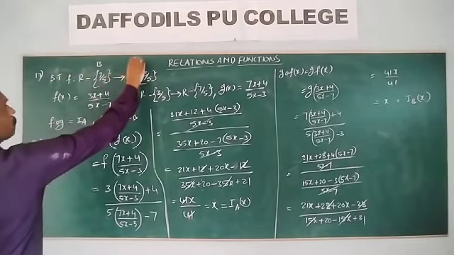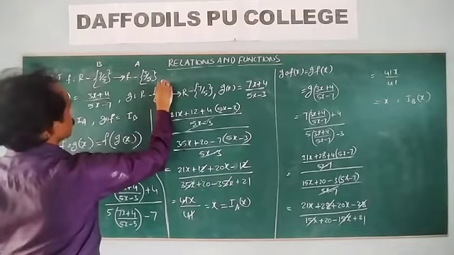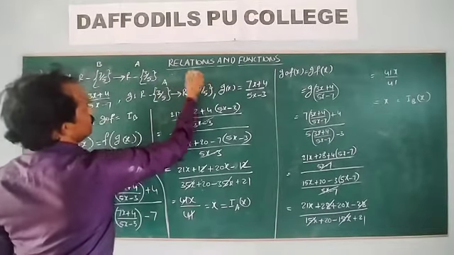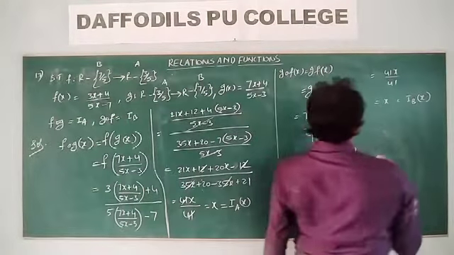So this is B, A, A, just B. What do you understand from that?